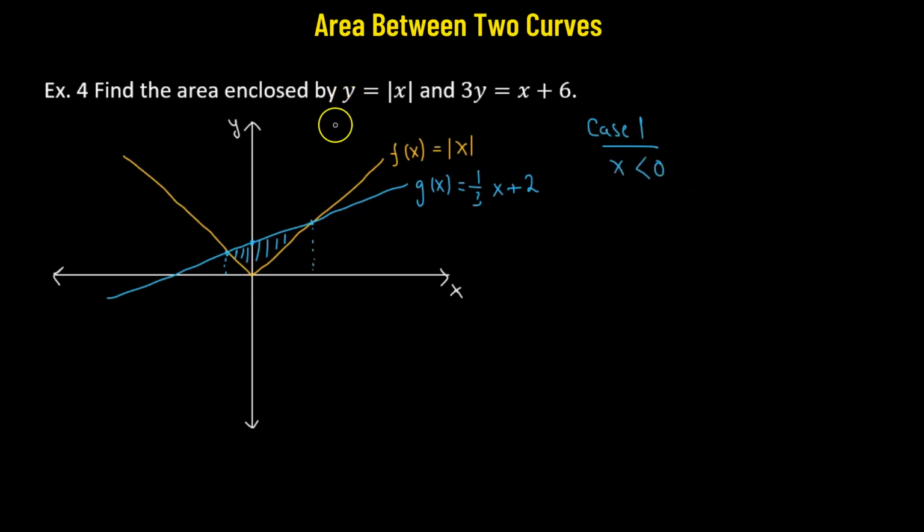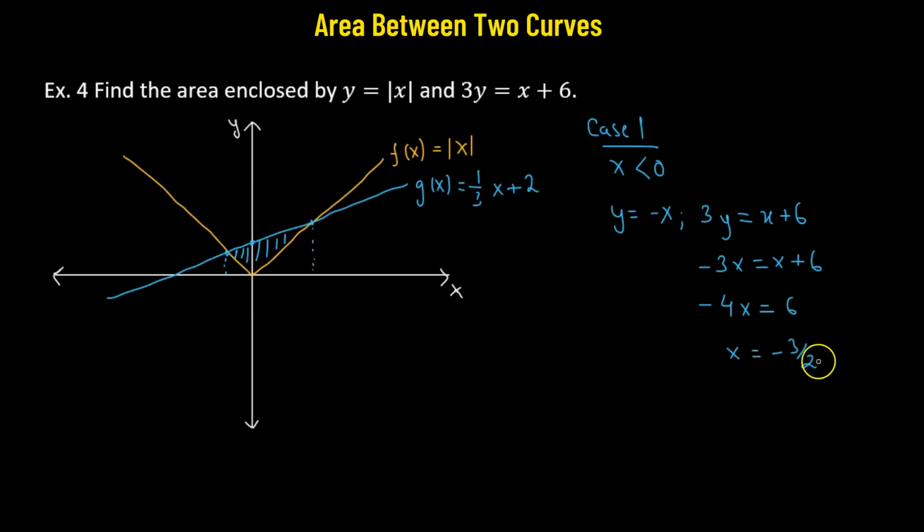In that case, y will be equal to negative x and the line remains the same, 3y equals x plus 6. So we will replace y with negative x. So this will be negative 3x equals x plus 6, or simply negative 4x equals 6, x equals negative 3 over 2.